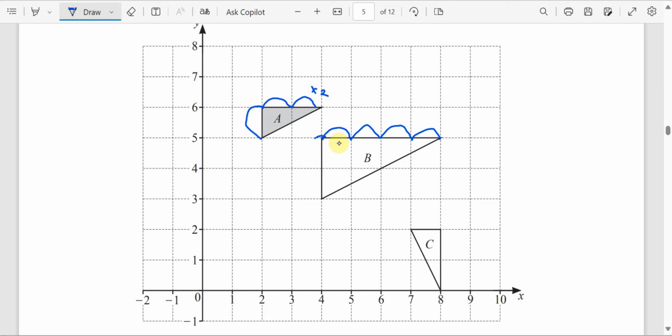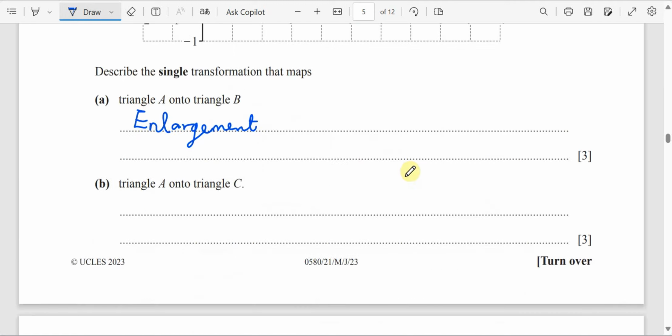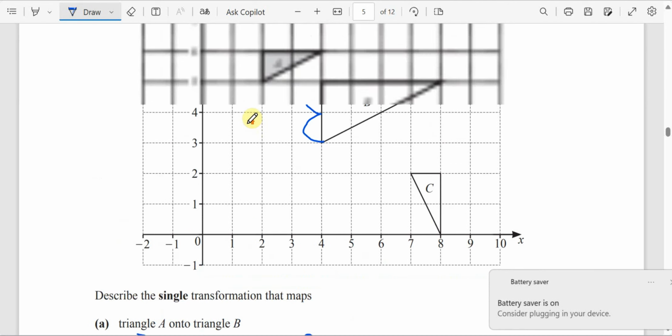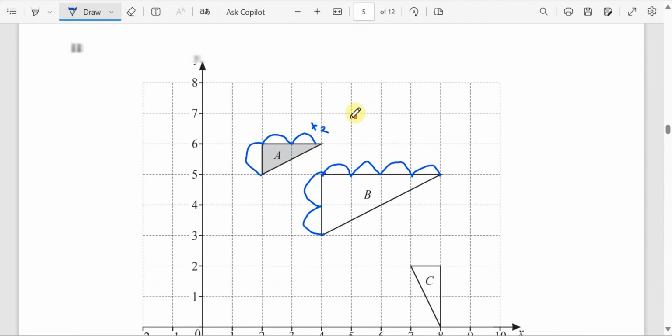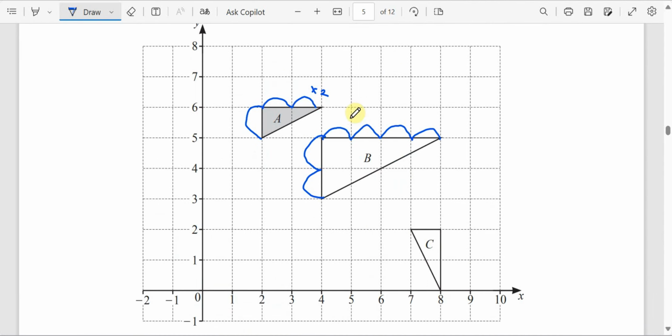This is 1 and this is 1, 2. So the scale factor is plus 2. Then lastly we need to look at the center of enlargement. There has to be a center, so I need to clean this.